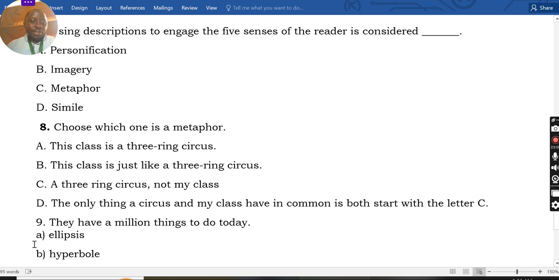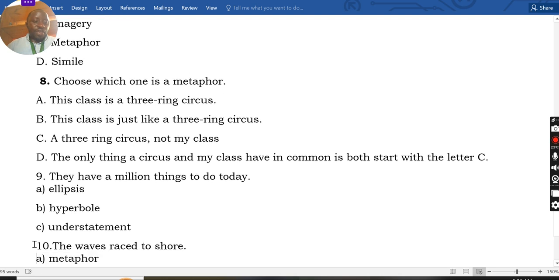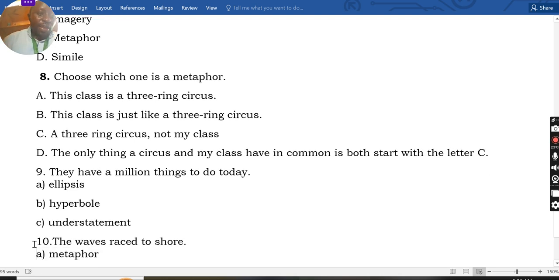8. We have here number 8, dear student. Number 8 is very simple. Number 8 says choose which one is the metaphor. We have 4 alternatives, but one of these is a metaphor. So choose that is the metaphor.